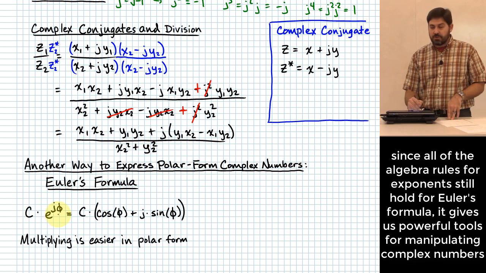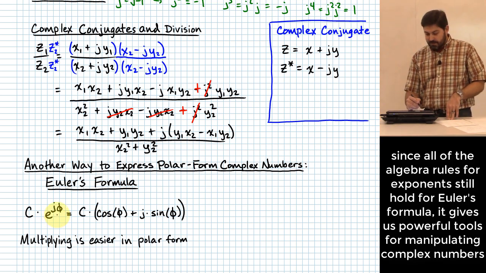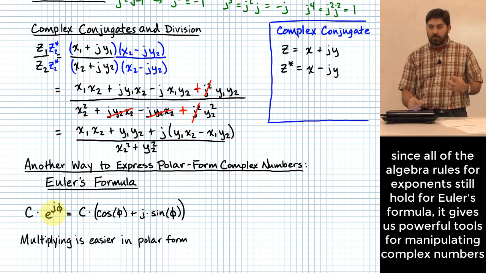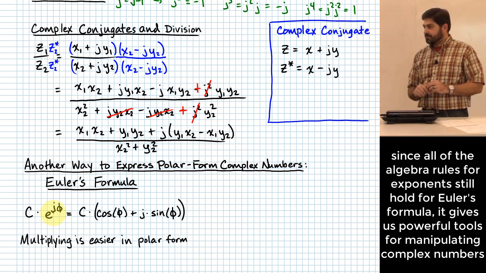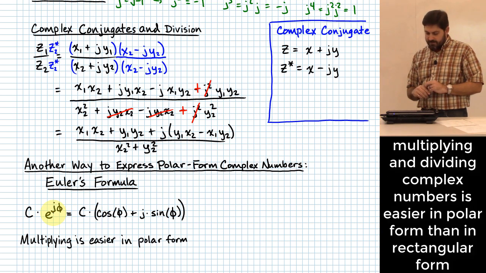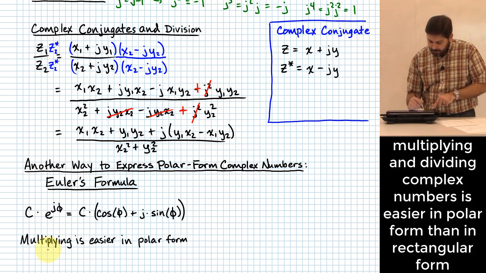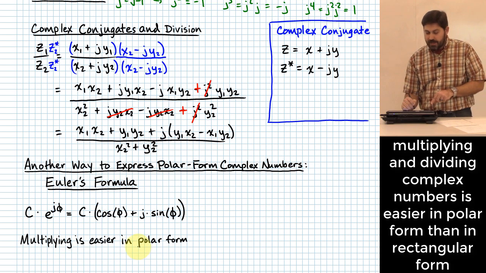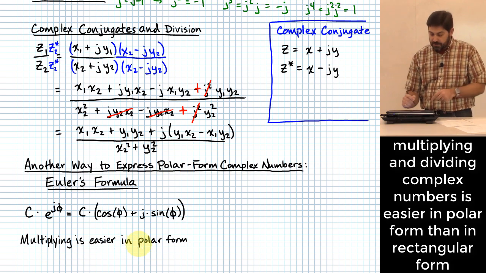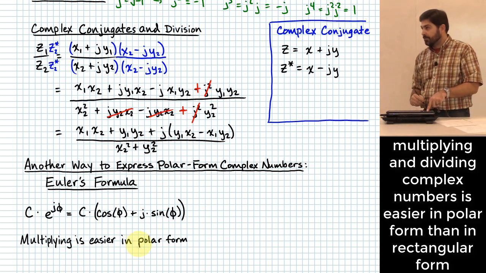So if we need to do manipulations of complex numbers, some of those manipulations might be easier if we have our complex numbers in polar form written according to Euler's formula than other ways that we could think about doing them. Isn't that neat? Okay. Let me show you one of them. Multiplying is a lot easier to do, and therefore division is also a lot easier to do if we have things in polar form.